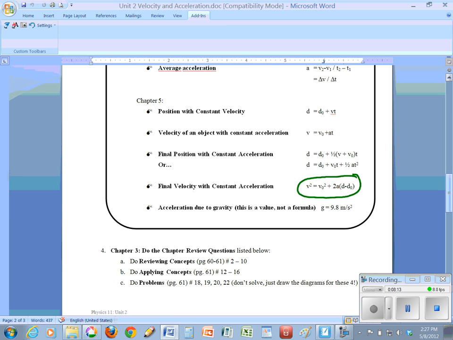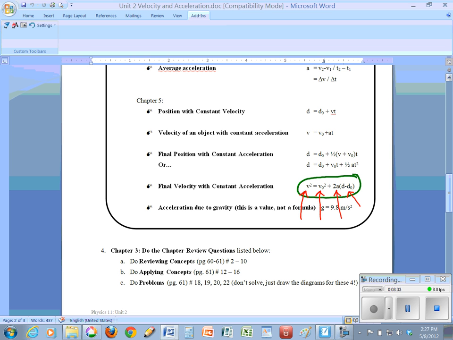We could plug in this is our final velocity. Here's our initial velocity. We know our acceleration is negative 7 meters per second squared. And we don't know what our distance is, but that's what we're trying to calculate here.